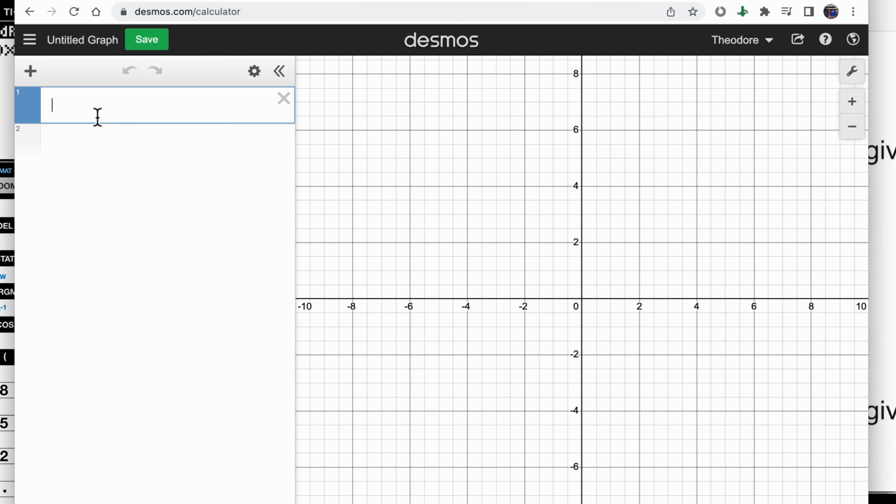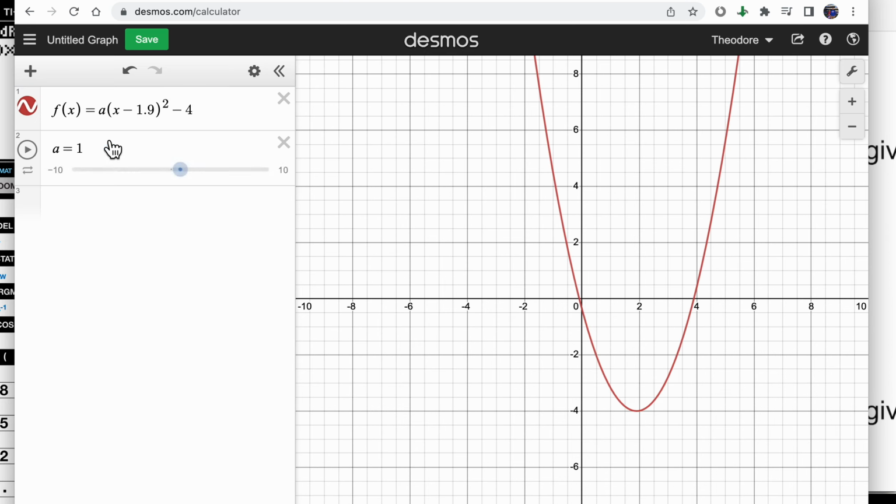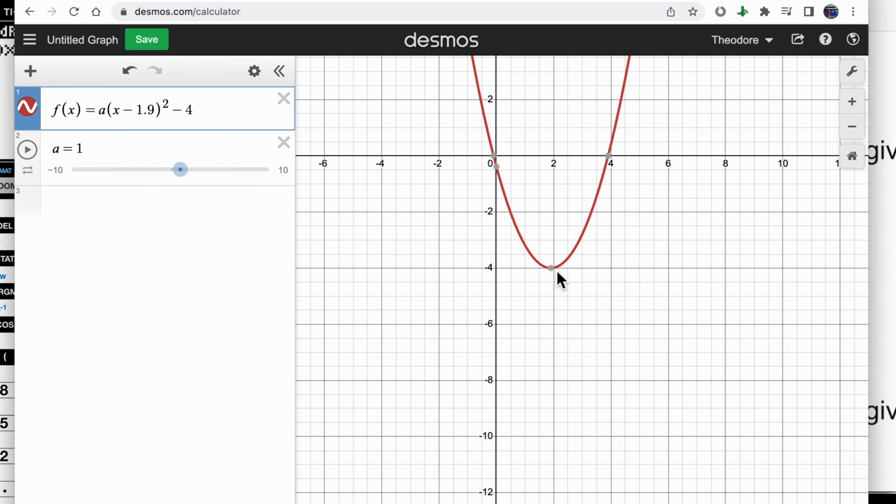So we have this equation, f of x is equal to, we used 1, but I'm going to leave it as an a value, x minus 1.9, close it up, square it, minus 4, and I'll create a slider for a. So you'll notice here that my vertex is 1.9 comma 4. All right? I'll even pop that in.